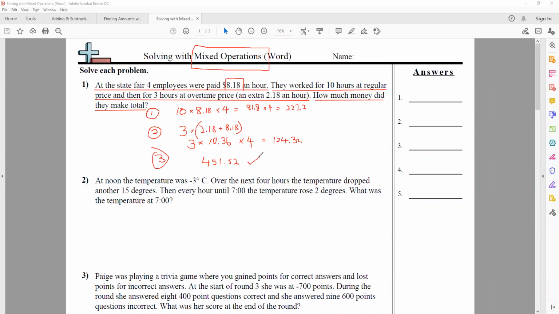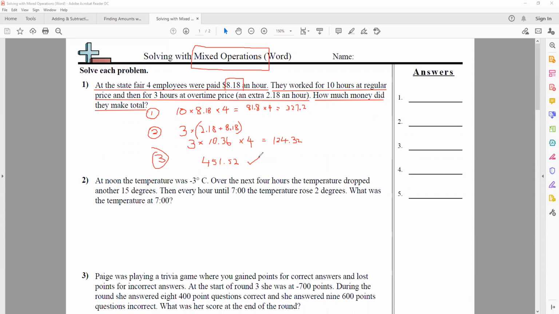All right. So let's see if you can do number 2. That one looks difficult. Okay, but just give it a try. Read number 2. Why are these problems so long? It's because it's mixed. You're solving mixed operations.